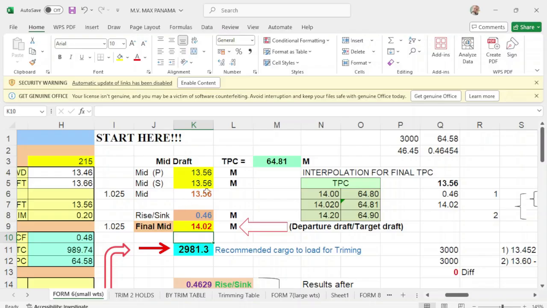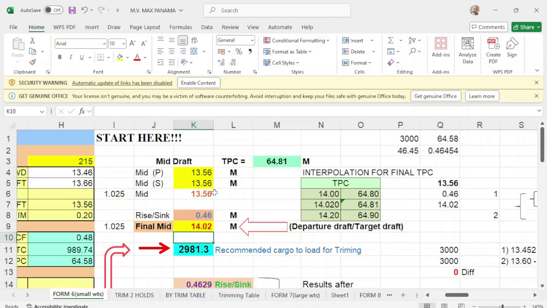Now why? I'll explain this one. From your present drop, the foreman says, Chief, I have stopped loading, so you now take the drop readings forward, aft, mean, port and starboard, so that you will compute how much cargo to load for trimming together with the draft surveyor.